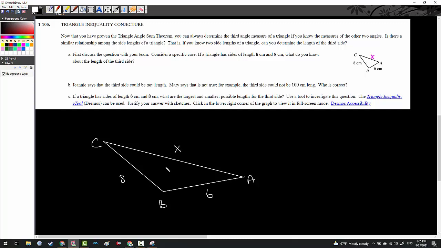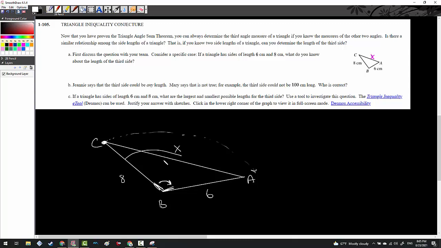Now, if I want to create the shortest side possible, I'm going to take these two parts of the triangle and close them up. Hopefully you have enough imagination to see this. When I close up this angle, this point C is going to migrate over to this side. Imagine as if I'm closing a book.